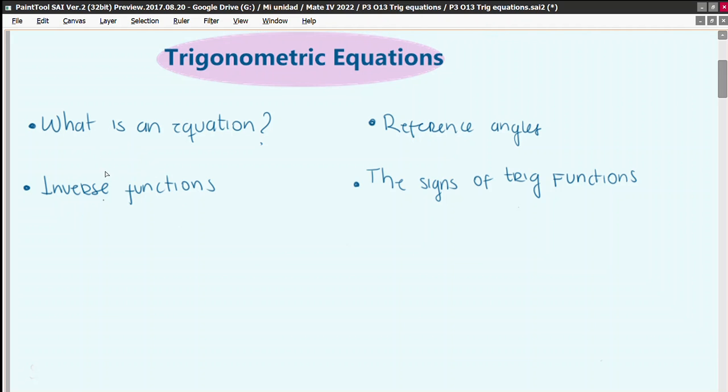So remember, inverse functions look like this: sine inverse, cosine inverse, tangent inverse, but you can also find them as arc sine, arc cos, arc tan, etc. And remember, an inverse function undoes what the other one did.